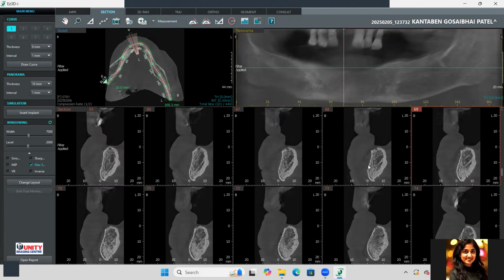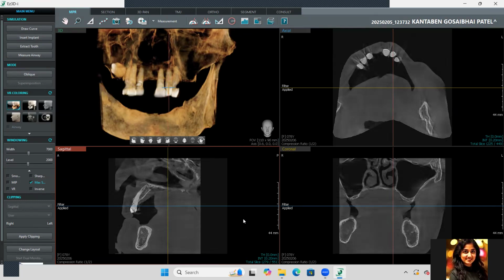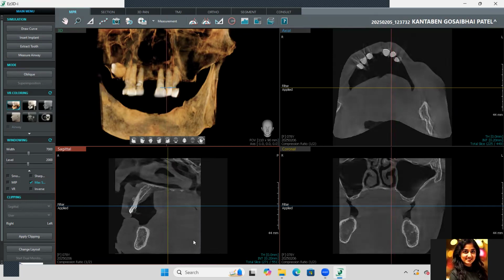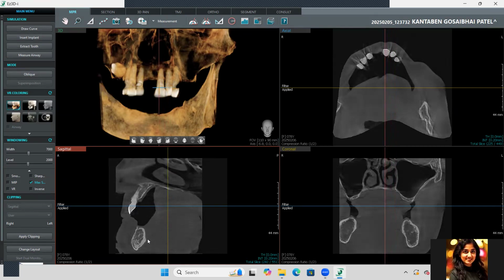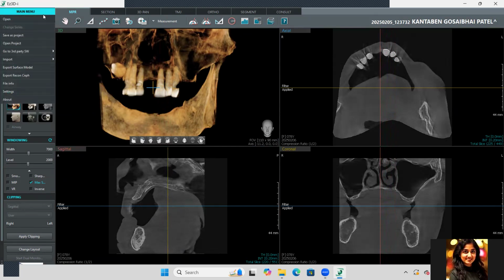This and a little bit here, you can see somewhere here, there is a shadow of the cortical plate. So when you see double cortical plates, it indicates the patient has moved during taking the CBCT scan.